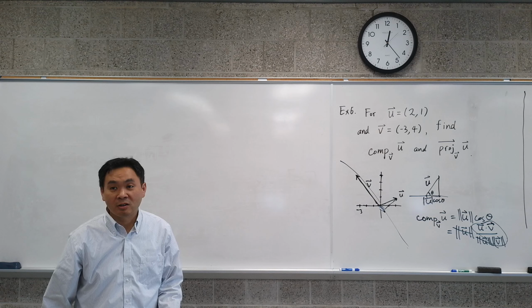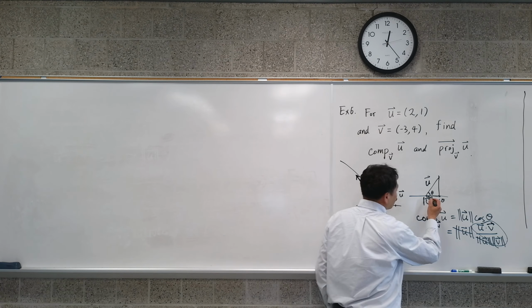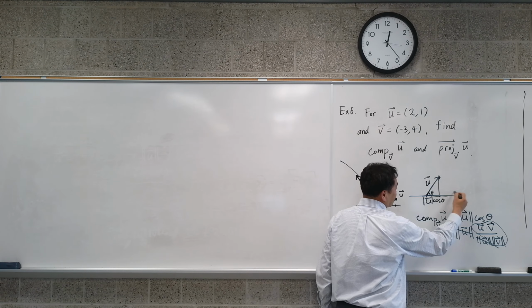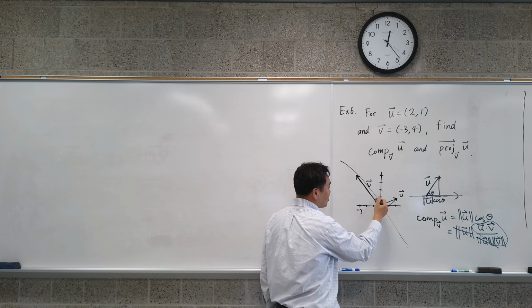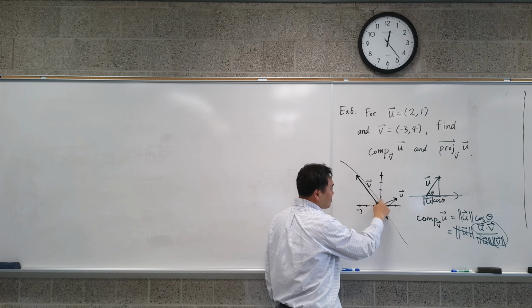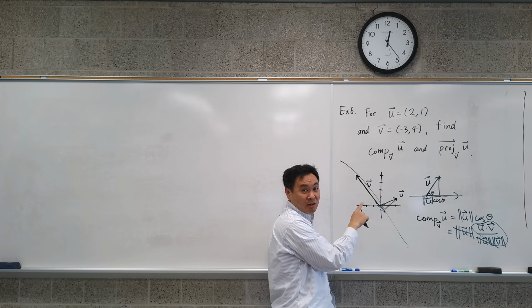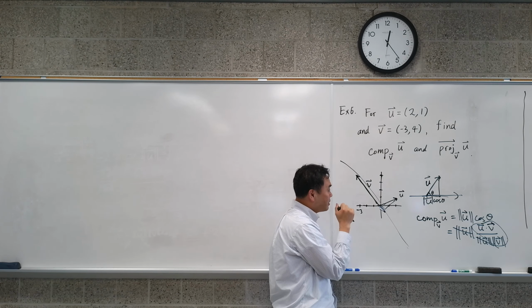Yes? What is the angle theta between v and u? So in this picture, it's like this is u and this is your v. Okay. In this picture, this is your angle theta. It's slightly hard to understand because it's now more than 90 degrees, but the same principle applies even if the theta is bigger than 90 degrees. Okay.